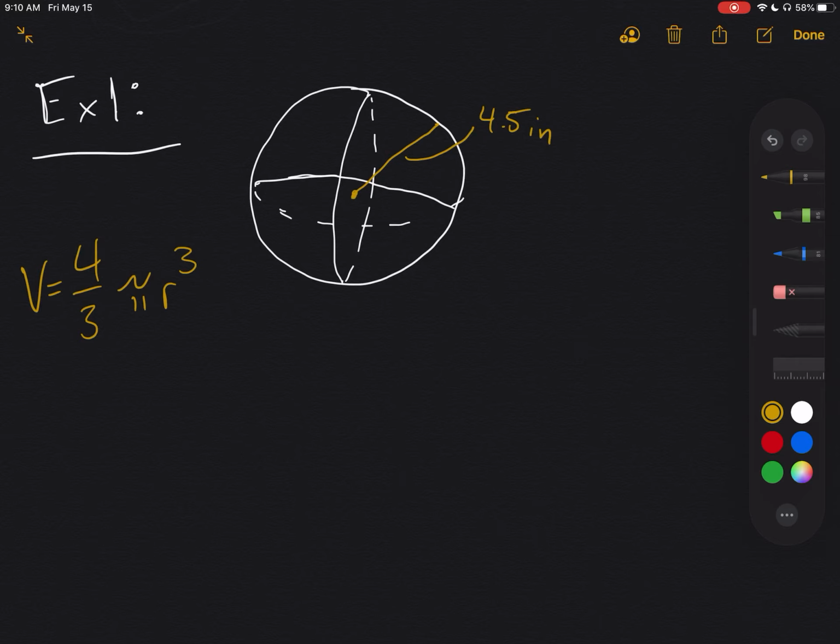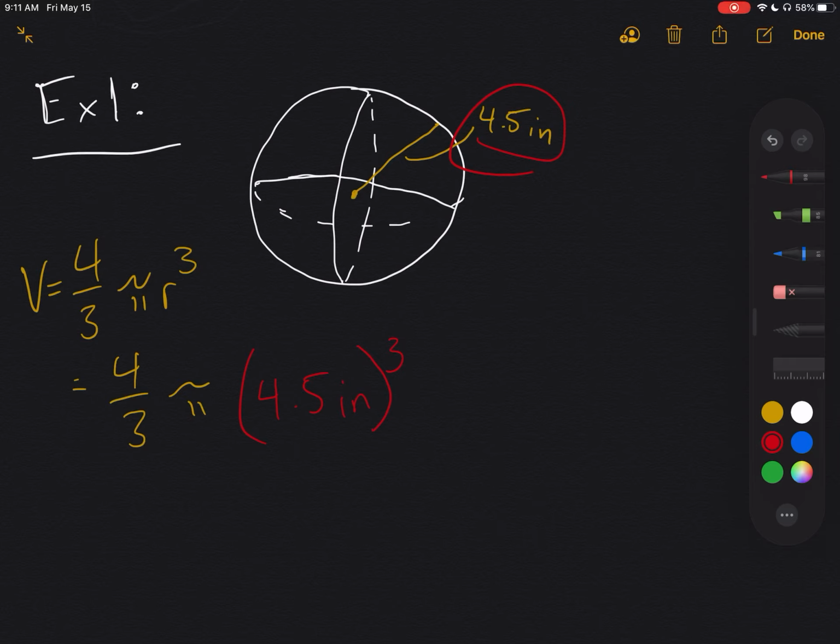Okay, so I probably should have made it a different color. We'll call it red. All right, so 4/3 pi, and it is volume, so we want to include those units. 4.5 inches cubed. All right, and so we're simplifying. 4.5, oopsies, not 45.